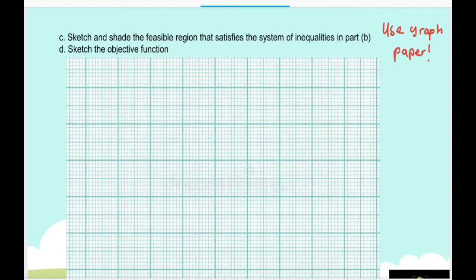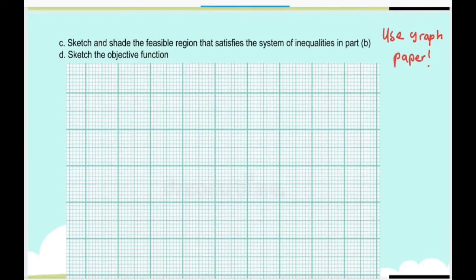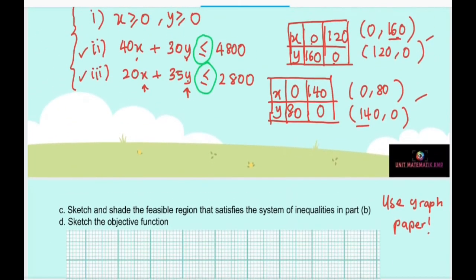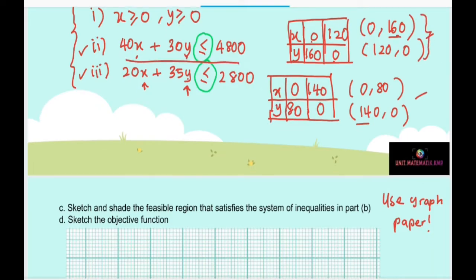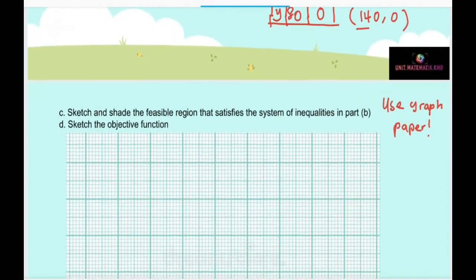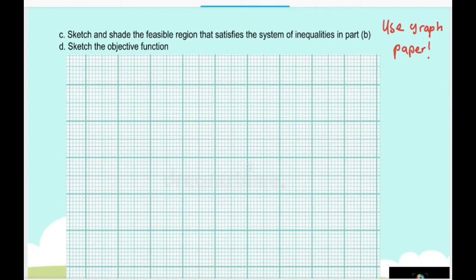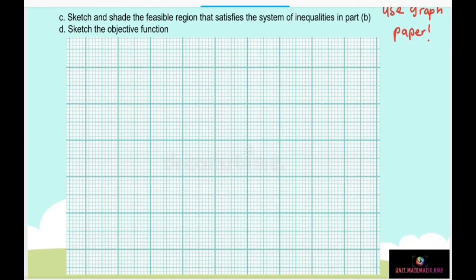So from B, we take all the points because we want to form a straight line graph. First we need to use the correct scale in order to get the correct graph, in order to get the correct feasible region.